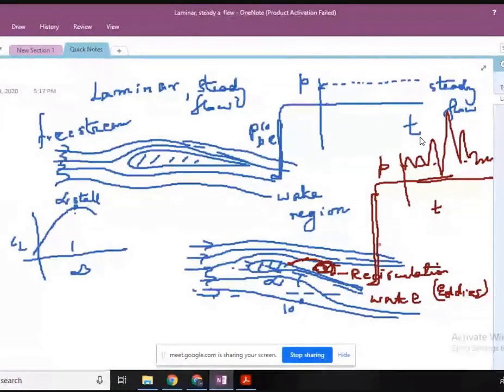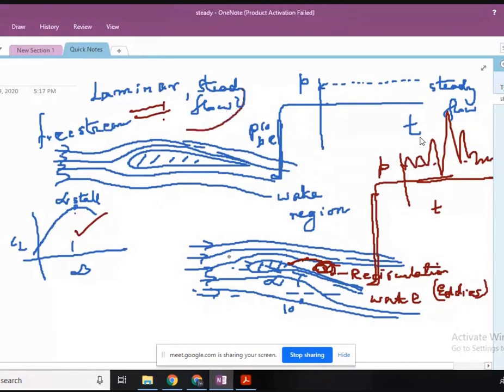So why I told you is that now the first one being a steady flow, where you used a laminar steady flow approximation for simulation. Here, the same condition does not apply because it's the same aerofoil but at a different angle of attack. And see, suddenly the entire physics changed, and you cannot use the same set of equations to model in CFD the flow over an aerofoil at a higher angle of attack.